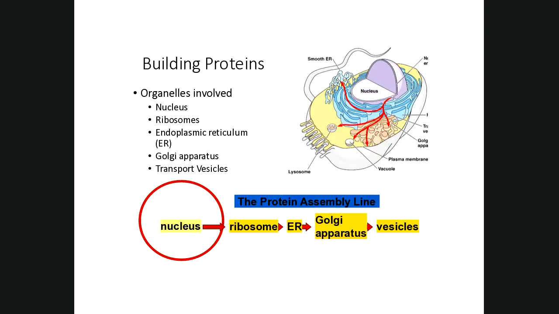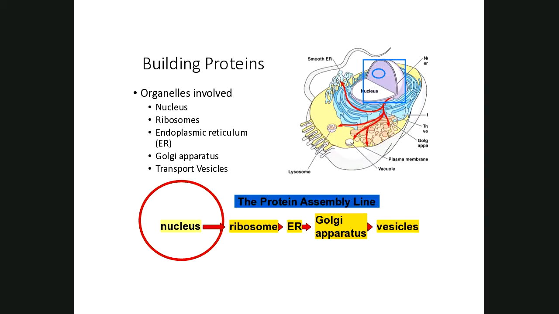Let's take a look at the central point of the cell, and the central point of the cell is this right here, which is the nucleus. This image isn't showing us the nucleolus, but there is a nucleolus, which is like a little dot right inside the nucleus.